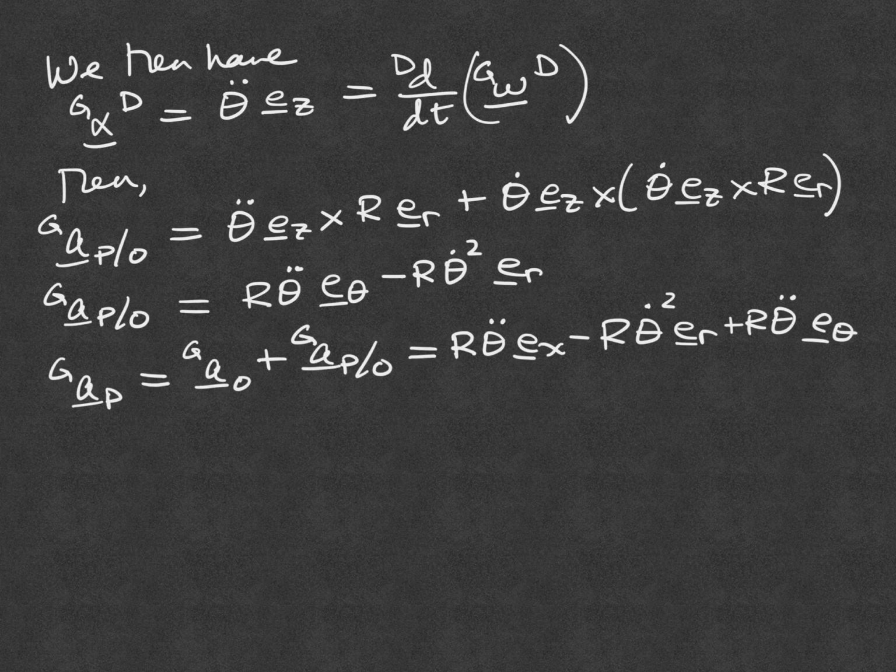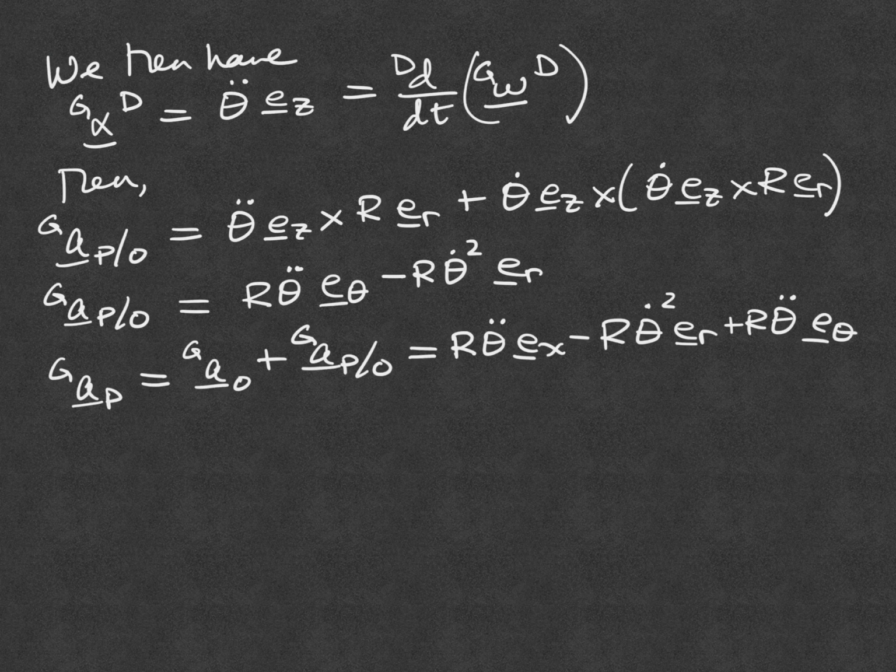So that is a full kinematic analysis on this disk of radius r rolling without slip on the ground. We've computed the velocity of the point of contact relative to the ground, which is 0. We've then computed the velocity of the center of the disk, which is at point O, and then we computed the acceleration of the center of the disk, again, all of this relative to the ground.